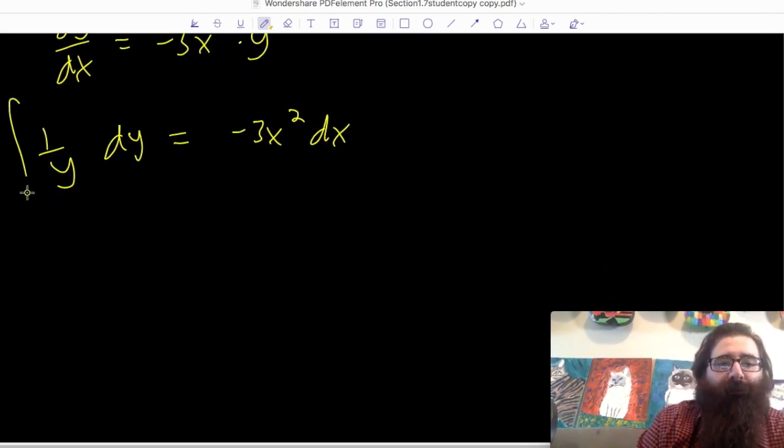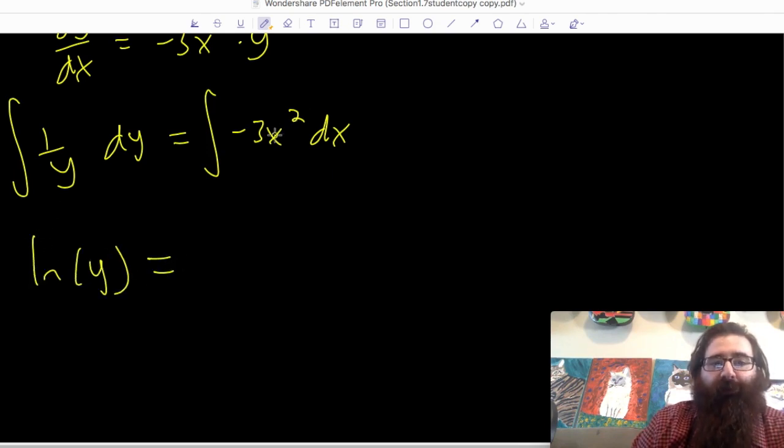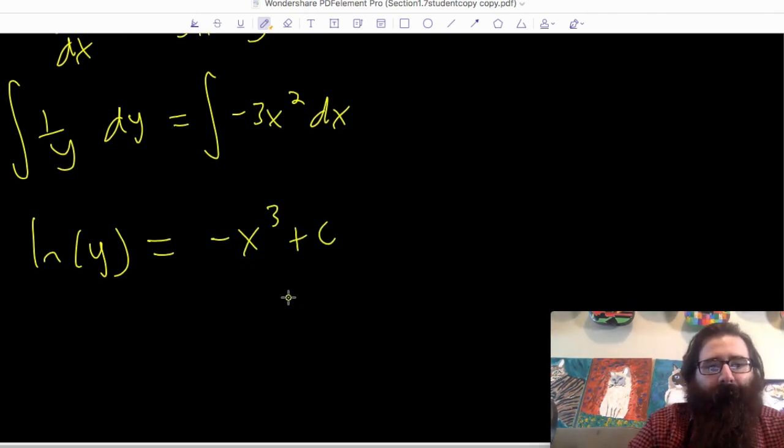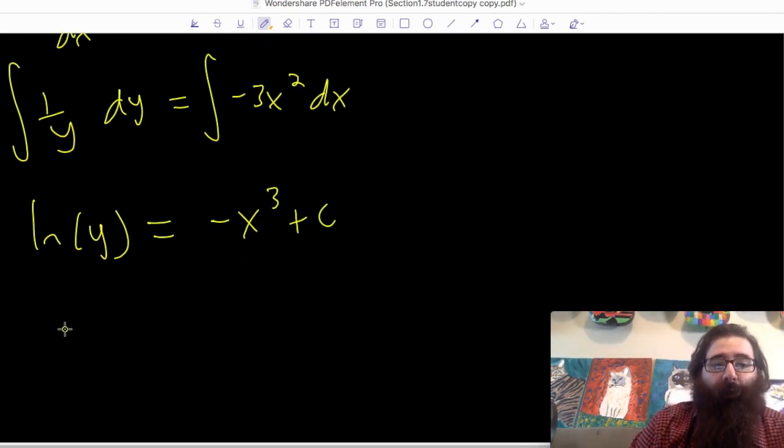If we integrate both sides from here, on the left we get natural log of y equals, if we integrate negative 3x squared, we get negative 3x cubed over 3, which is negative x cubed, and then plus our constant c. Solving for y, we want to raise both sides as exponents to base e.